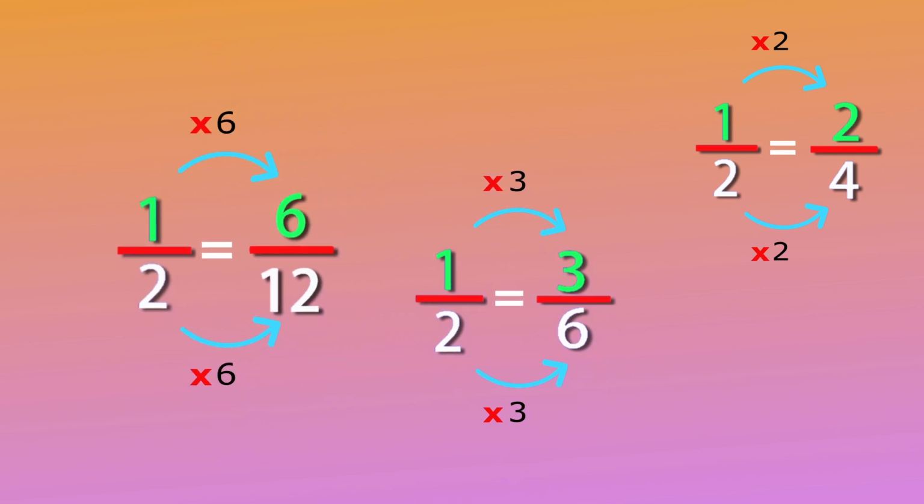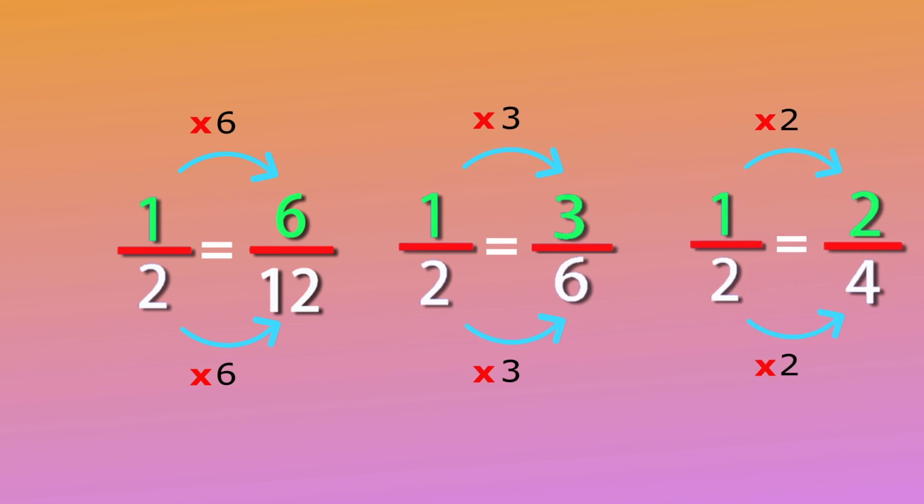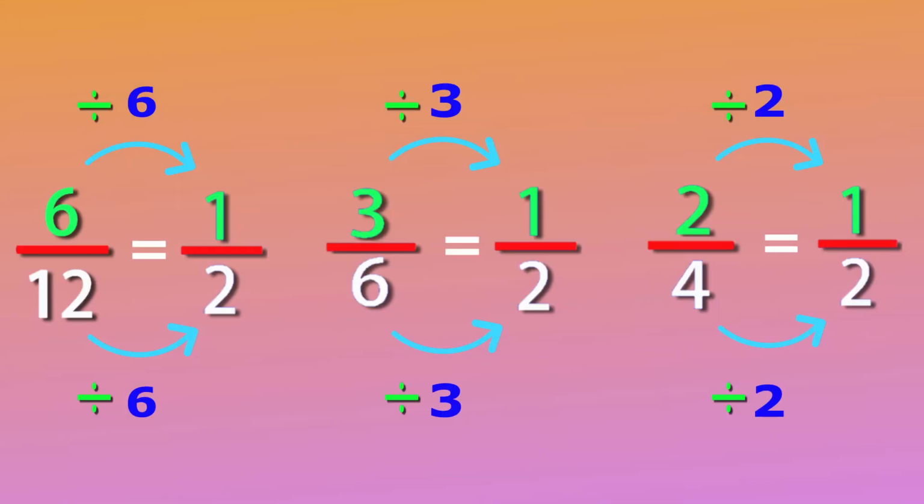In all these cases, the numerator and the denominator have been multiplied by the same number. You could just as easily reverse the process, and then all you do is divide by the same number instead of multiplying, and that will give you the equivalent fraction.